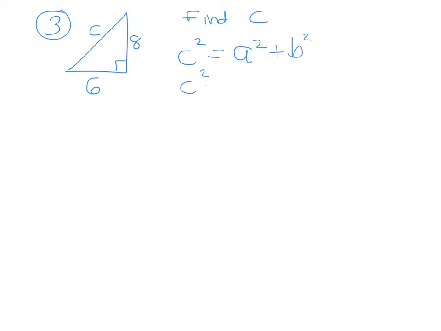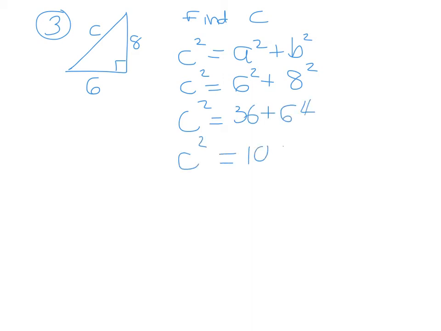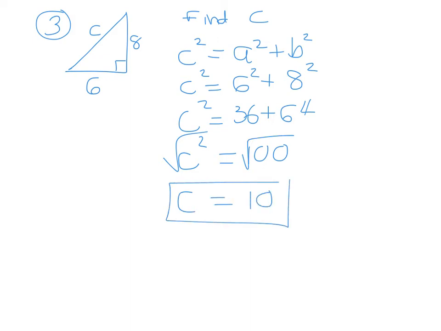So C squared equals 6 squared plus 8 squared. C squared equals 36 plus 64. C squared equals 100. And now I am taking the square root of both sides. So I have just plain C equals 10. Nice and easy.